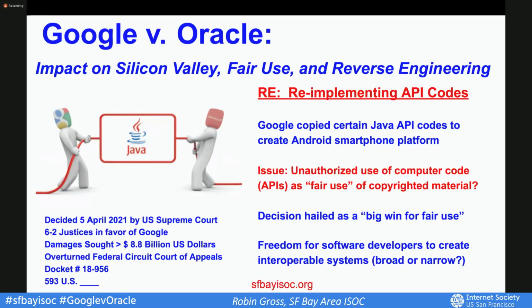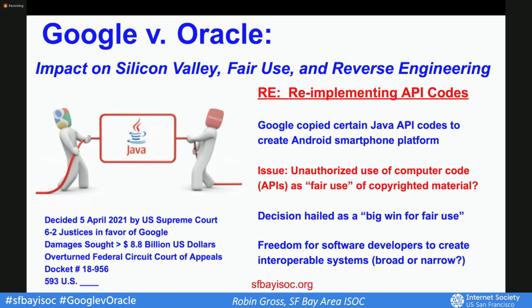And in terms of what the holding was here, well, the Supreme Court held that Google's copying of the Java API, which included only those lines of code that were needed to allow programmers to put their accrued talents to work in a new and transformative program, was a fair use of that material as a matter of law.